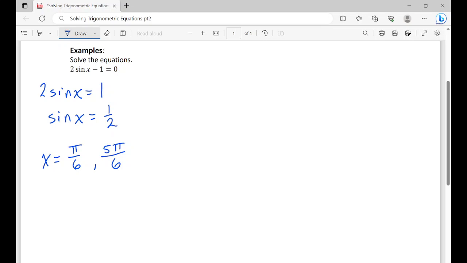So what would the general solution be? Well, we know that x equals pi over 6 is a solution. And if I go 2 pi around, I'd end up at the same spot on the unit circle. So I say that pi over 6 plus 2k pi will give me all the general solutions.